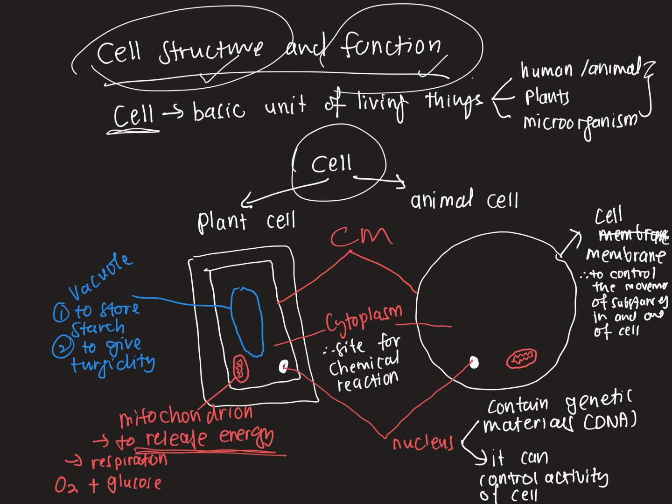So water penting sebab water akan masuk dalam vacuole ni, so it give turgidity because the vacuole will expand and push the cell membrane ni. So dia akan mengembang macam balon, macam itulah. Okay, so there are two functions of vacuole.